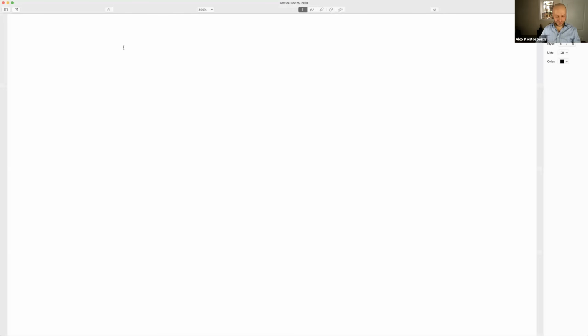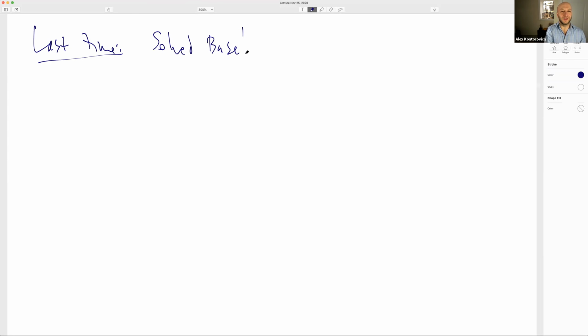Okay, let's go. So where did we leave off? So last time we solved the Basel problem. Sum 1 over n squared, which is zeta of 2, being pi squared over 6.